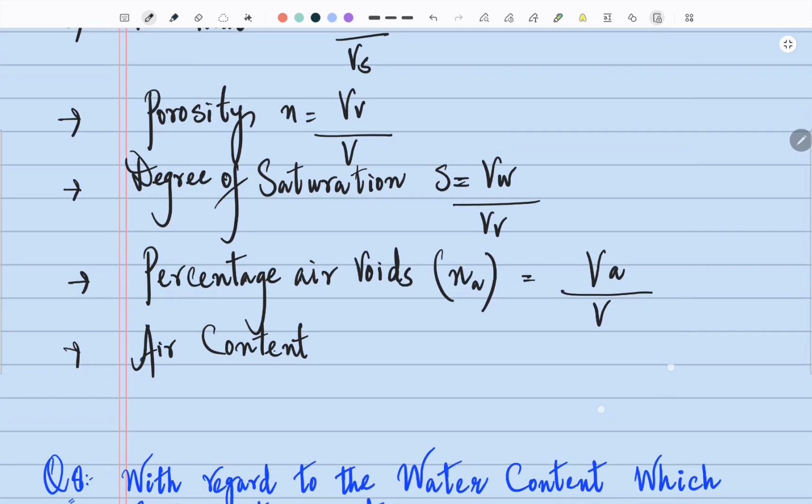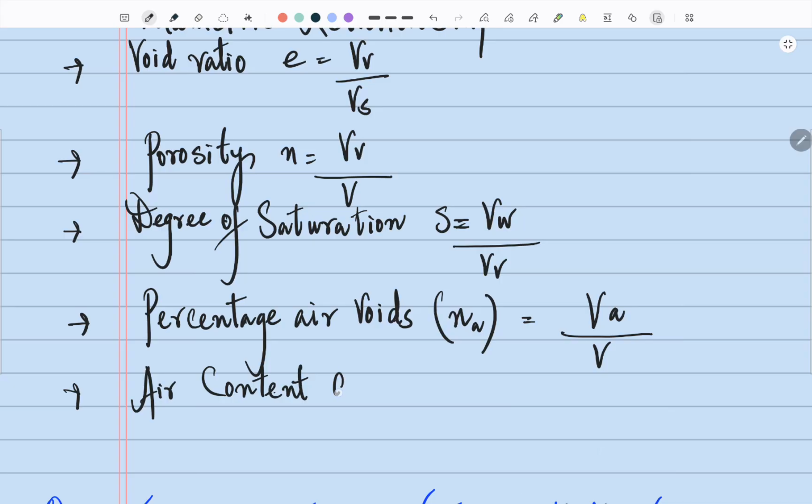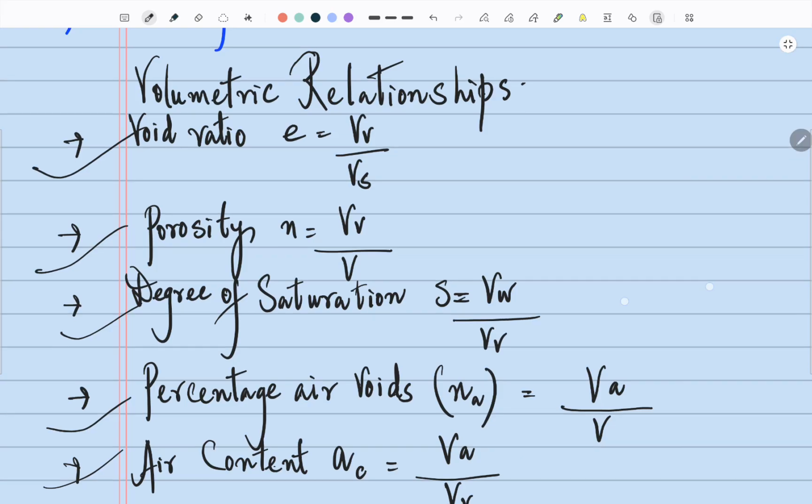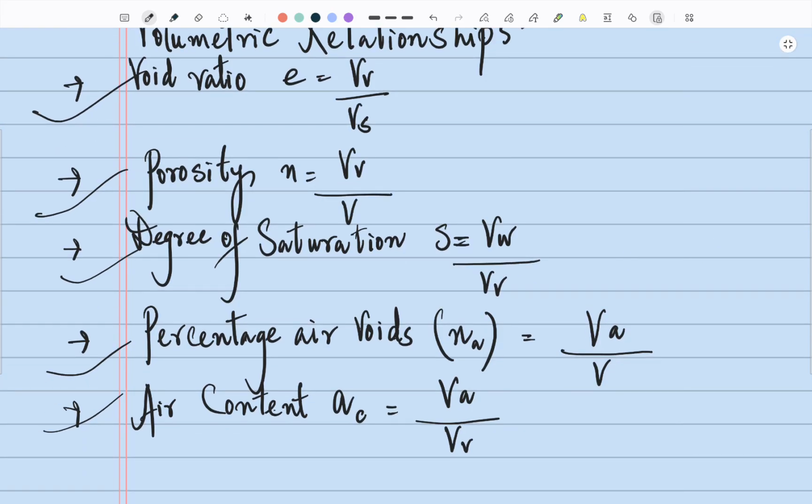And air content is denoted by ac, and it's a ratio between volume of air to the volume of voids. All right, so these are the 5 very important volumetric relationships in a given soil mass: void ratio, porosity, degree of saturation, percentage air voids, and the air content. These are all ratios between voids and solids and water phase, generally between the 3 phases in a soil mass.